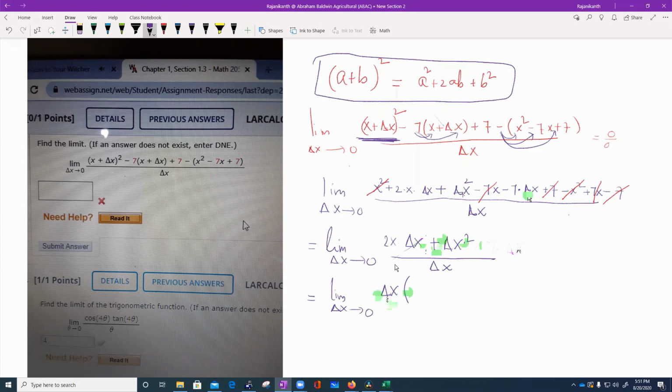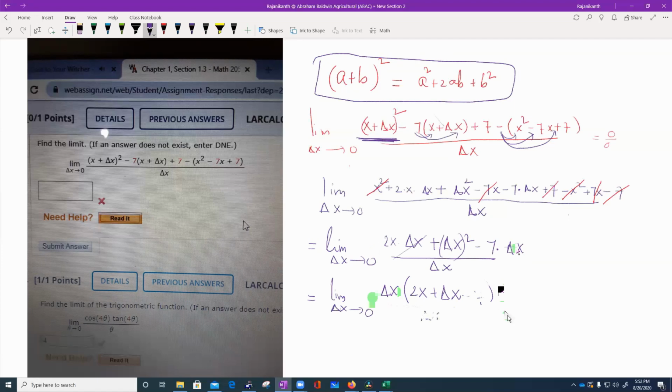If you pull out delta x, you will get here simply 2x. But here you have delta x squared. Delta x squared means no confusion, okay? Delta x times delta x. You already have pulled one delta x outside, therefore you have one more delta x inside. Minus this delta x already have pulled out as a common factor, therefore you will have simply 7 there.